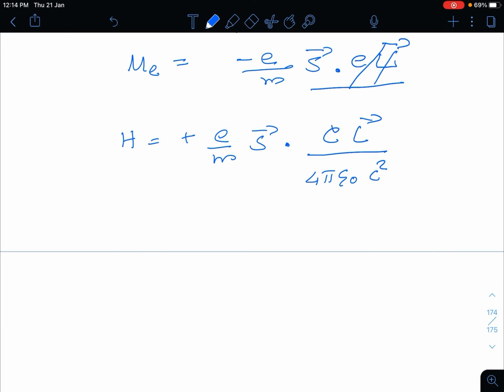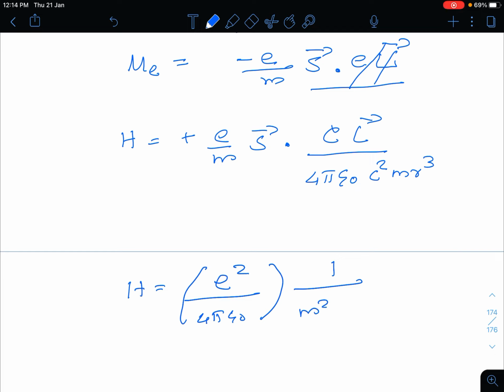So H is equal to, just rearranging, e square by 4 pi epsilon 0 m square c square r cube S dot L. Good.